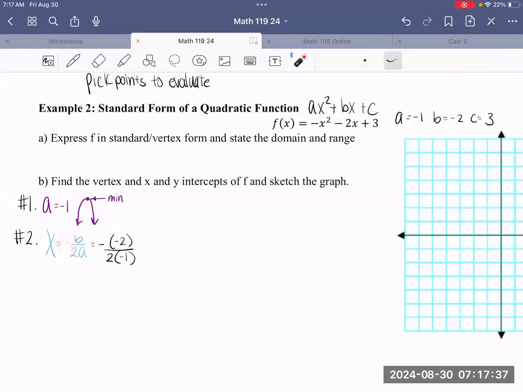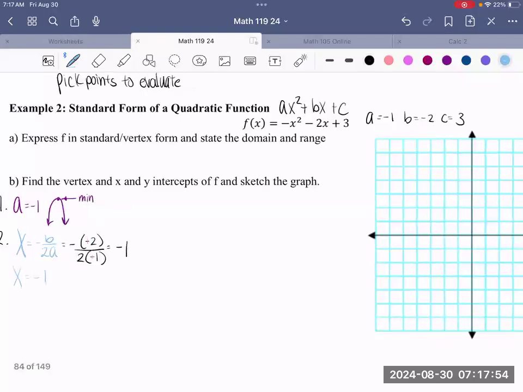One from your equation, one from the -2, and one from the -1. While some of them are going to cancel, we still have one left over. So we have -2 over 2, which means it's -1. So x is equal to -1. This is the axis of symmetry here, and that's going to cut your graph in half.